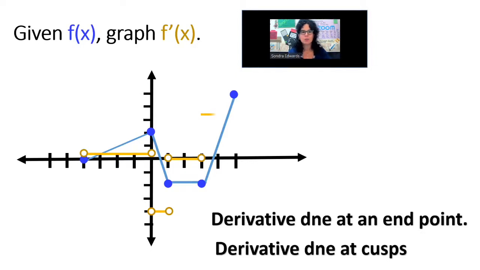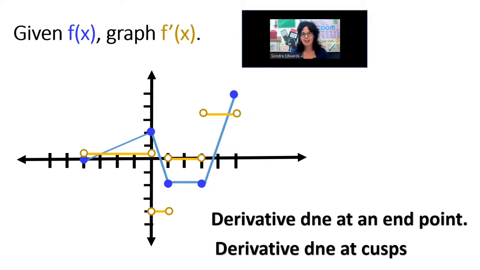I'm going to put in a horizontal line there at 3.5 from this x value to this x value. But once again, we have a cusp and an endpoint. Because of the cusp, we don't have an answer to f prime of x there, and because of the endpoint, we don't have the slope of the tangent at an endpoint. So right there, we also have an open dot.